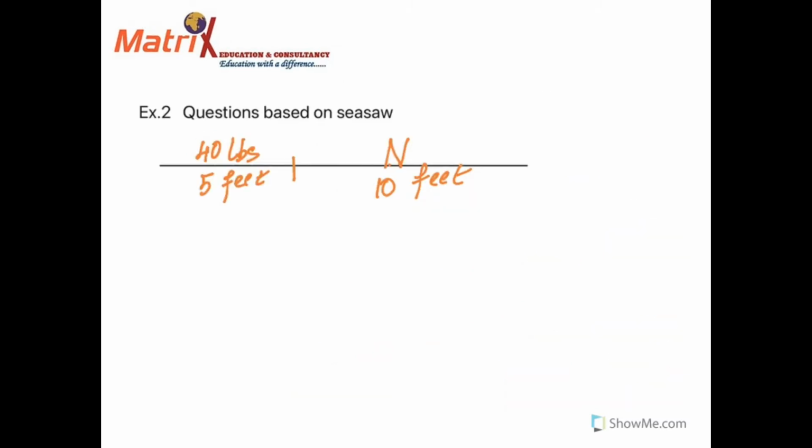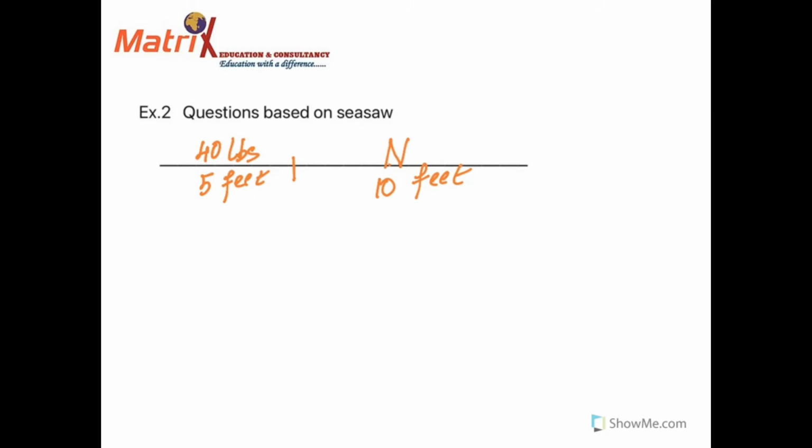Now, I have another question, which is based on the seesaw. We all must have played on a seesaw in our childhood, right? Now, the questions could be like, on one side a person is weighing 40 pounds and he is 5 feet away from the center, which is the fulcrum.